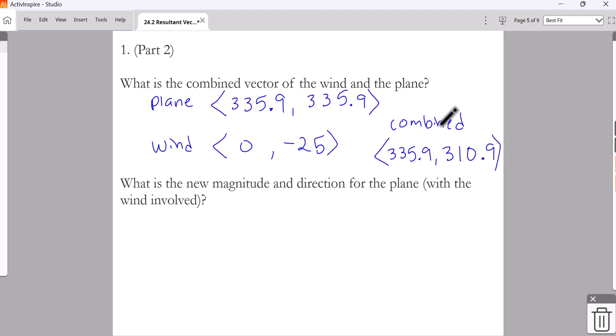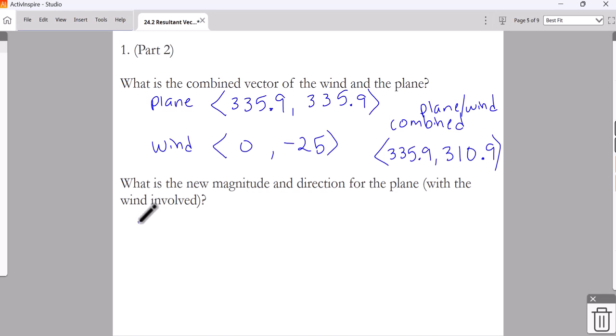Once we have them combined, this is like the plane and the wind together. We want to know the new magnitude and the new direction for the plane and the wind together. You're really figuring out what the plane is actually doing, the real magnitude and direction for the plane as it interacts with the wind. We're putting some real world information with adding vectors together.